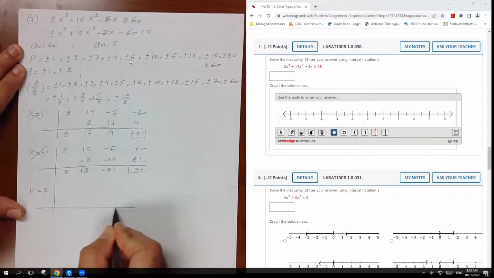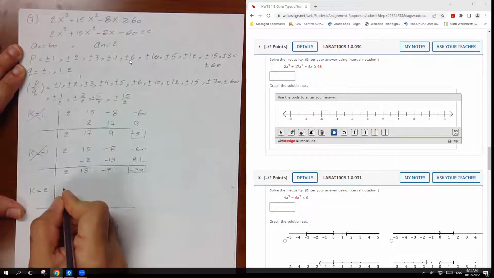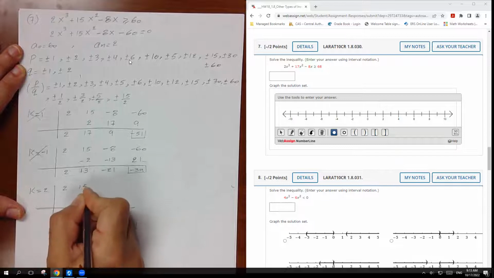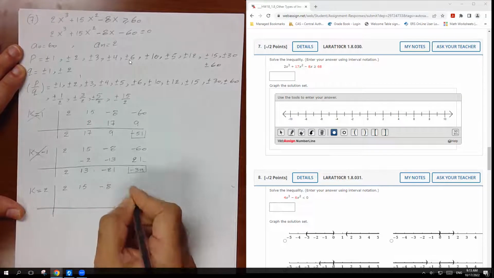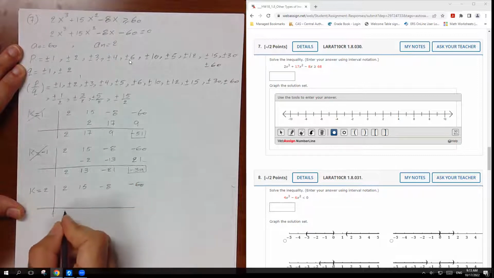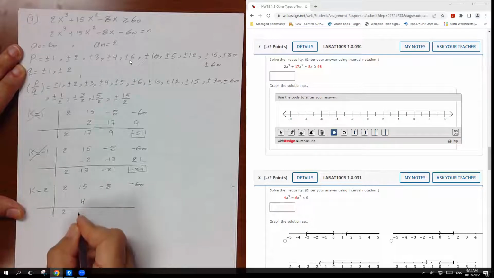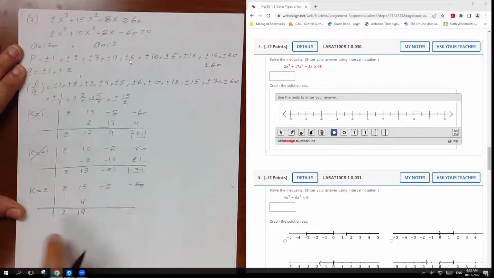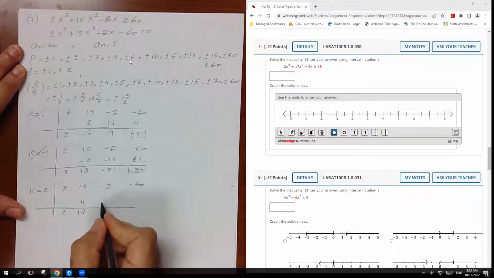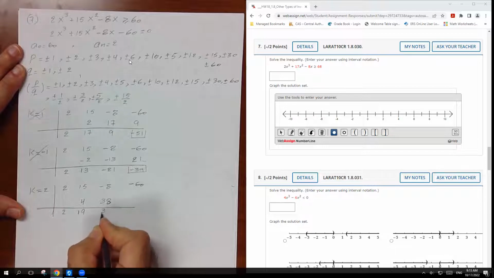And let's see when k equal 2. When k equal 2, here's 2, 15, -8, and -60. So here's 2. 2 times 2 is going to be 4. Add these two numbers, it's going to be 19. 2 times 19 is going to be 38. Add these two numbers, it's going to be 30.